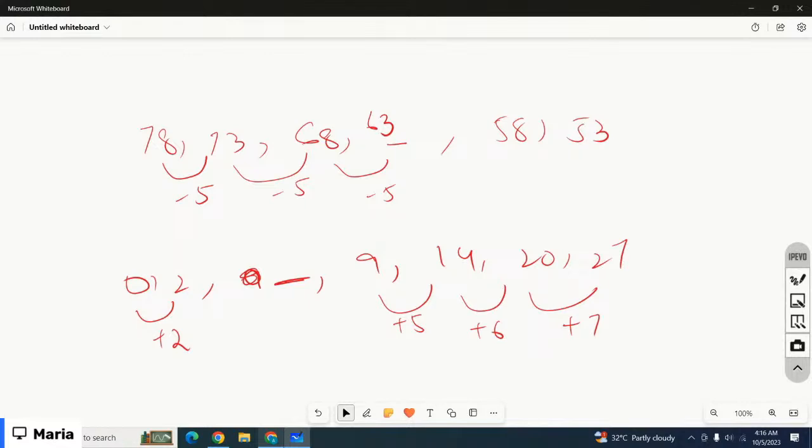That means the amount you add is increased by 1 each time, right? So 0 plus 2 is 2, plus 3 would be 5. And yes, 5 plus 4 equals 9, right? That means the missing number is 5. Both of them are arithmetic sequences, right? Because you're adding and subtracting the same number to get the other one.